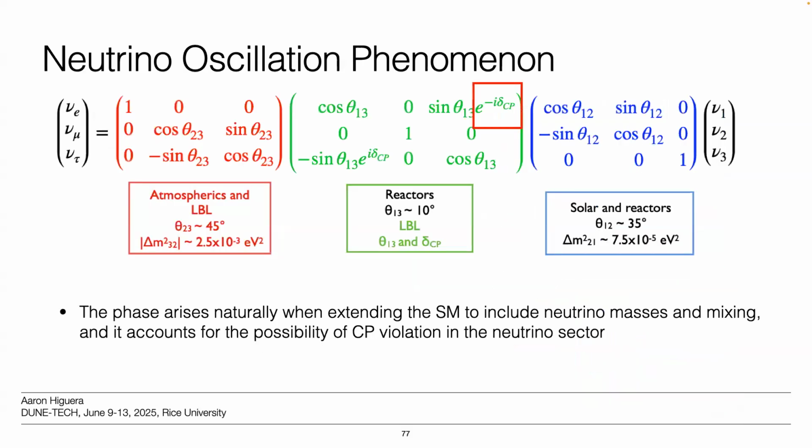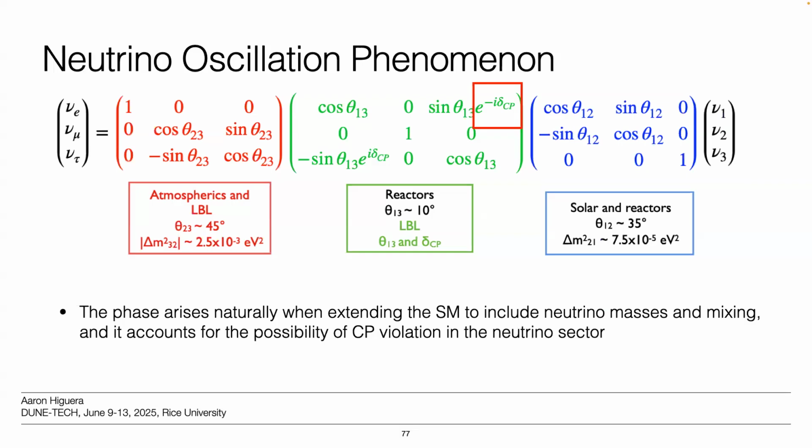And again, these experiments are basically taking the data, fitting the data, and saying this should be the value of theta 23, this is the value of theta 13, and this is the value of theta 12. And right now, one of the things that we as physicists are trying to do is make precise measurements of these values, right?